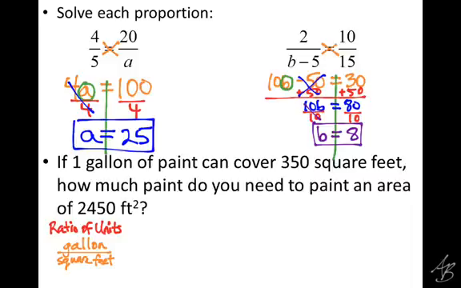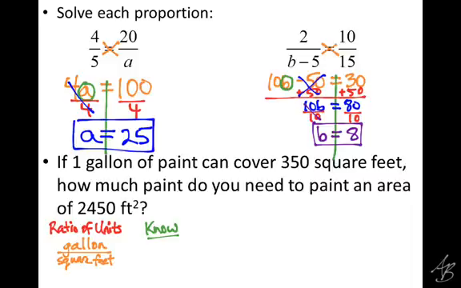Now that I have my ratio of units set up, now I can set up my ratios. So the first ratio is going to be comparing two things that we know go together. What two numbers in this problem do we know go together? So we know the 1 goes with the 350, so 1 gallon goes with 350 square feet, because it takes that 1 gallon of paint to cover 350 square feet of area.